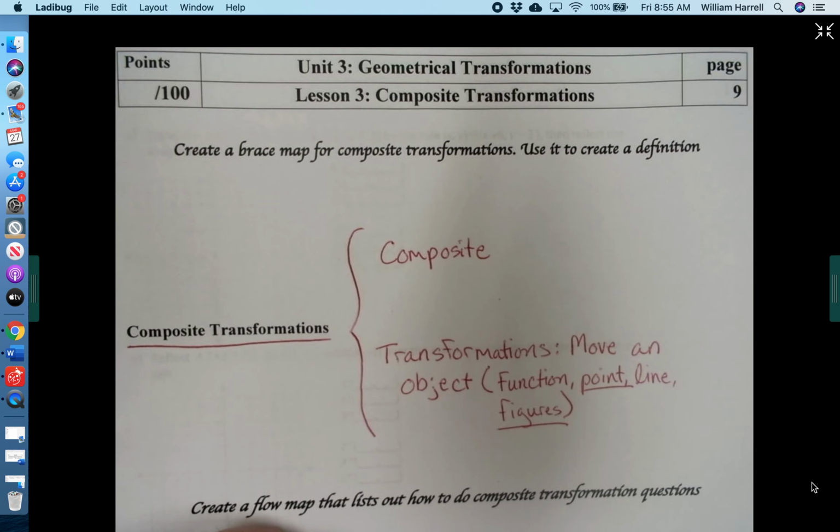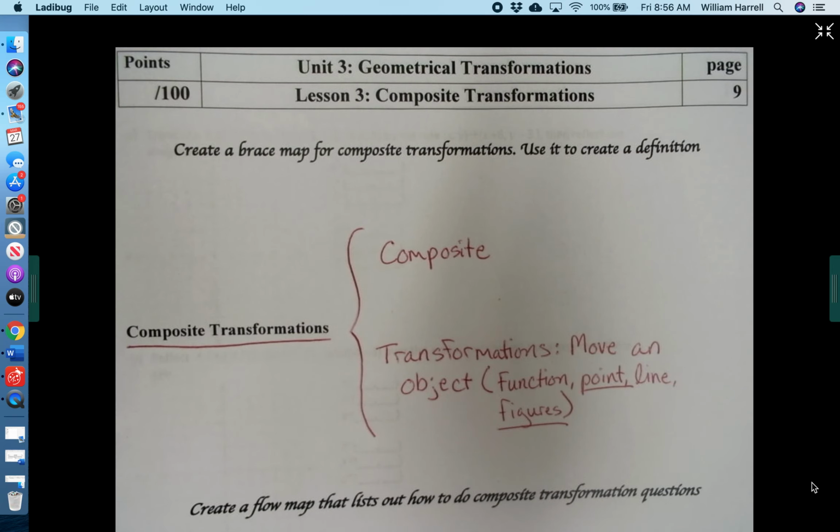Now, composite, some of y'all say, well, Mr. Hare, I don't know what that is. Yes, you do. When we looked at factoring, we looked at composite numbers. So if you think for a couple seconds about what composite numbers are versus prime numbers, some of y'all have family members that work in trade fields that work with composite material.